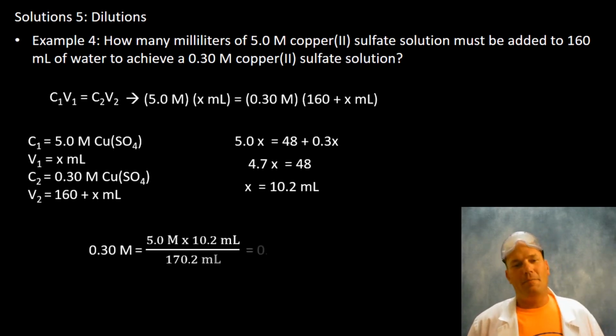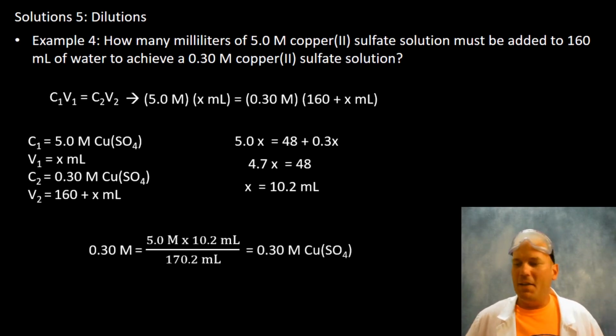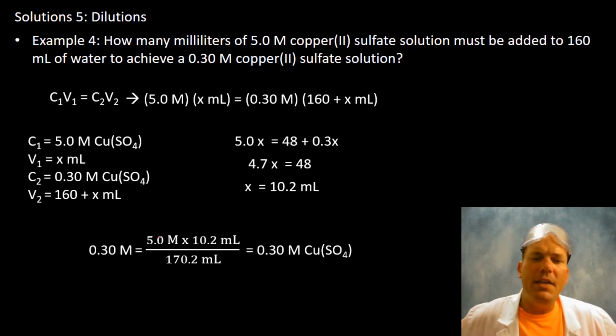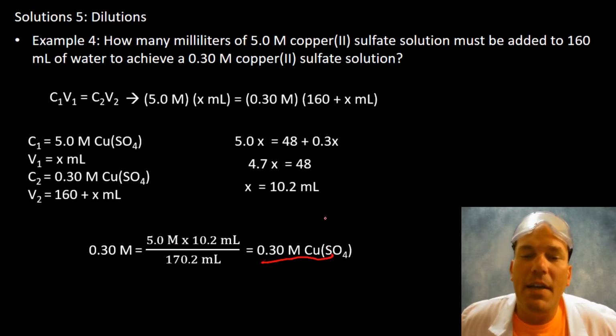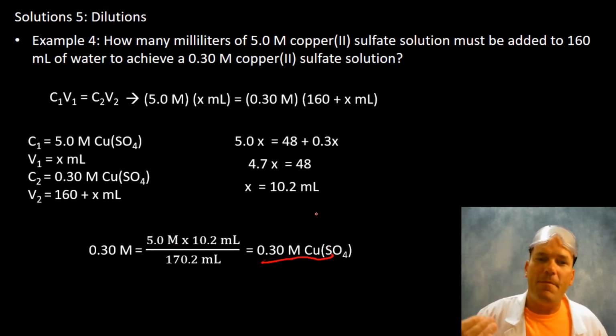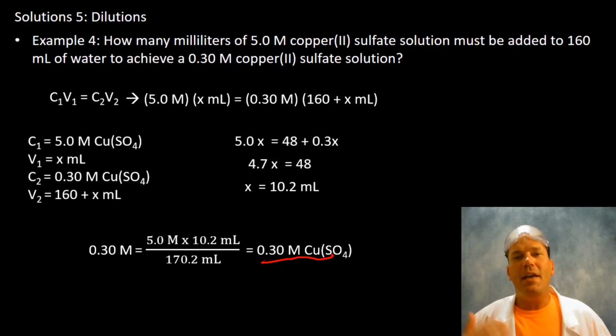By popping it straight in and confirming. Is 0.3 molarity equal to this? All right, using C1V1, and now we have our final volume. By golly, it sure is. All right, so that's an affirmation, confirmation that you have done this problem correctly.